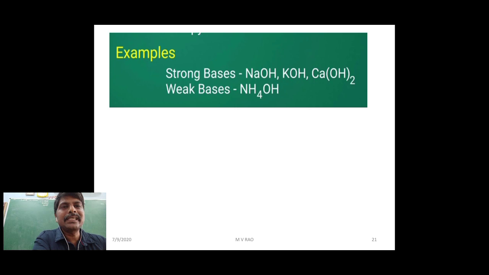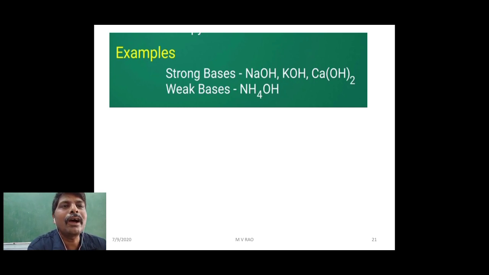Now bases can be classified into two types based on their strength. Strong base and weak base. What is meant by base first of all? The substance which gives OH minus ions in water is called a base.